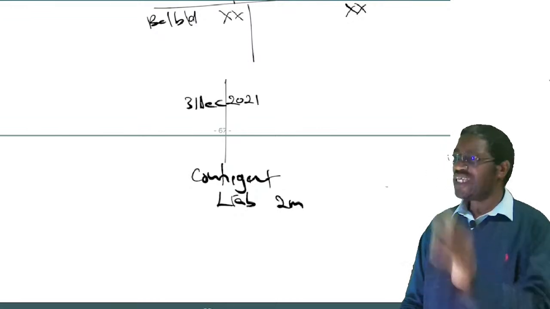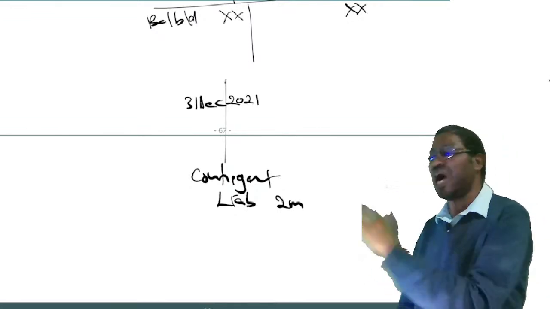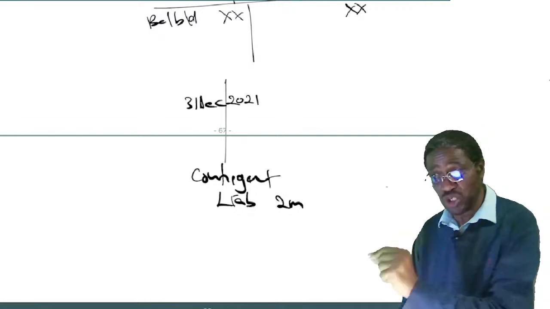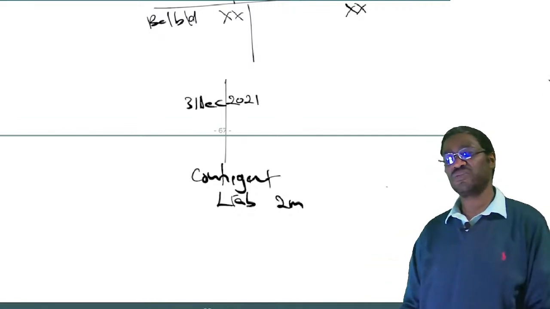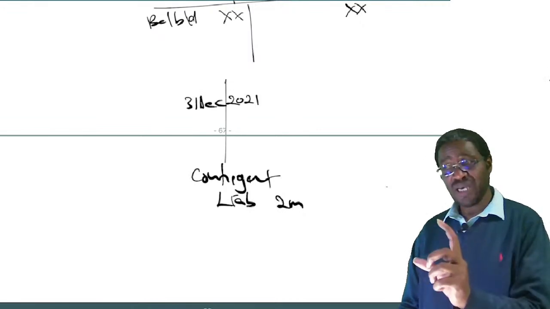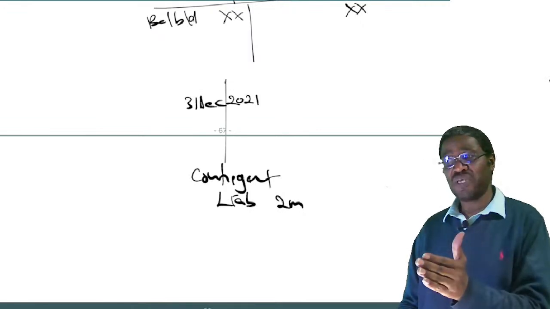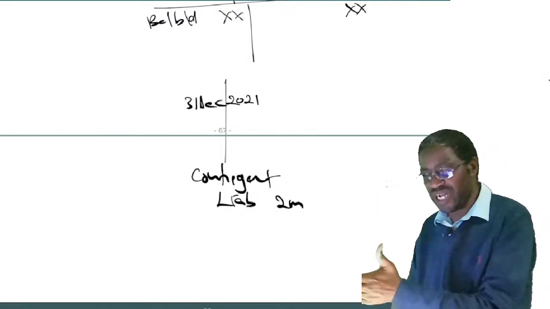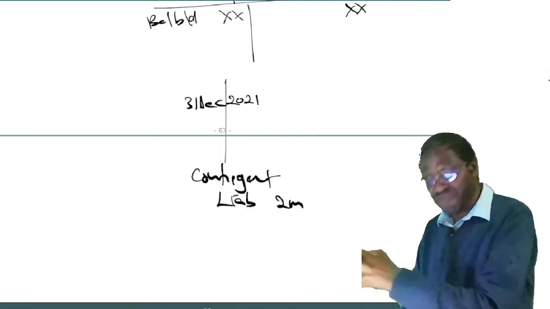But if the case goes in our favor, then we may not pay that 2 million. So remember, as at 31st of December, you are either likely to pay that 2 million or you are not likely to pay it in the future.